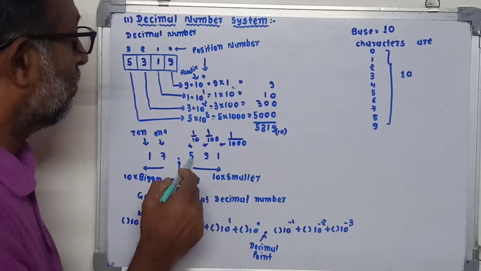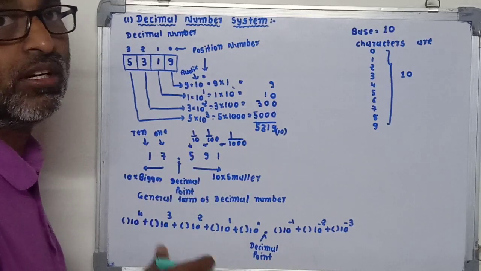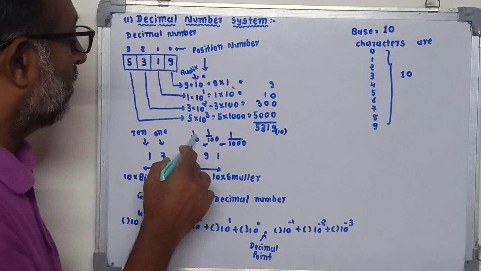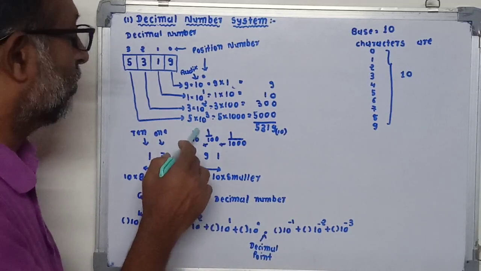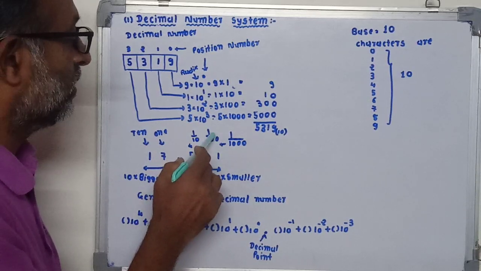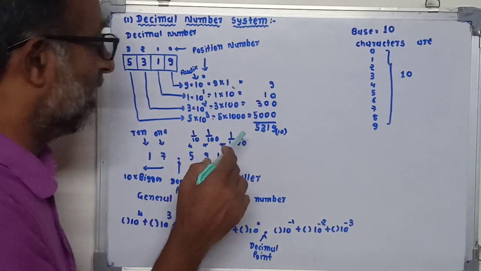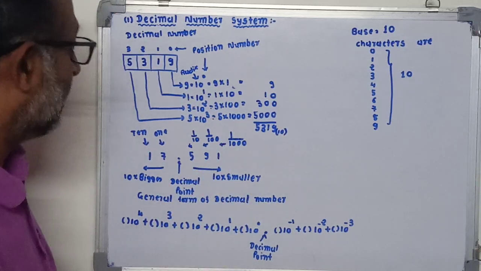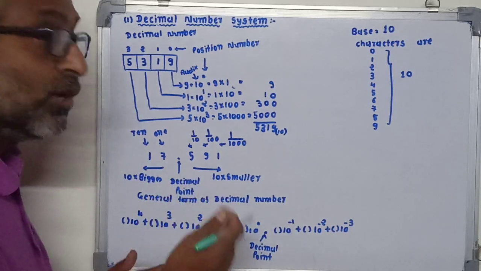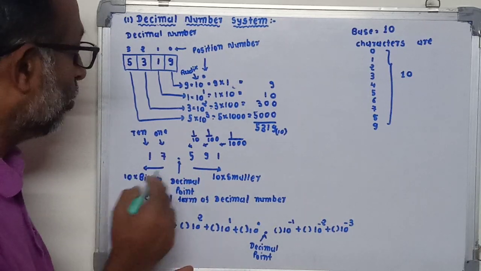After the decimal point, 5 is equal to 1 divided by 10, because we have already seen the general form of the equation, 10 raised to minus 1, that means 1 upon 10. 9 into 10 raised to minus 2 is equal to 1 divided by 100, and 1 into 10 raised to minus 3, that means 1 divided by 1000. So you can say that before the decimal point, the weightage of the digits increases, that means 10 times bigger.